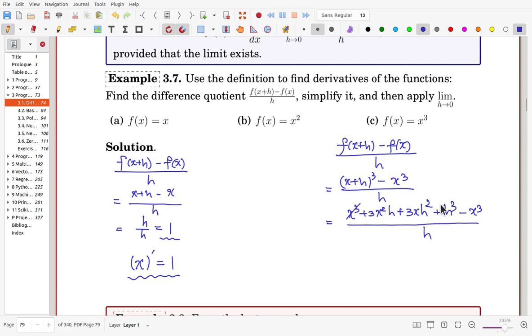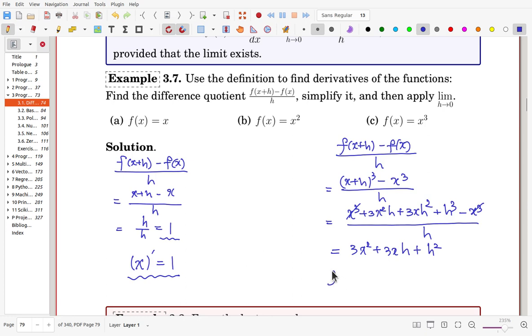We can cancel this and this, and here divided by h, but here we have h in each term, so we can cancel h. That is now 3x squared plus 3xh and plus h squared. Now that is the simplified terms.